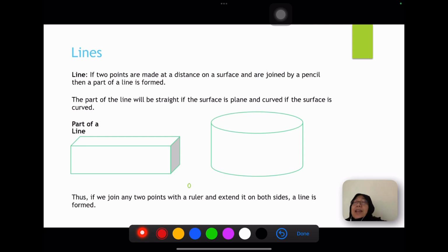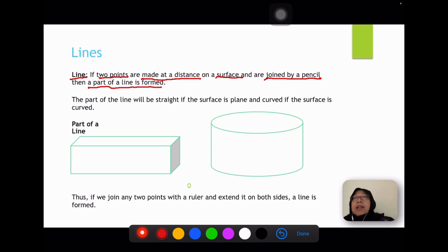Now let's look at lines. To draw lines, we need to start with a point. A line is when two points are made at a distance on a surface and are joined by a pencil, and then part of a line is formed.